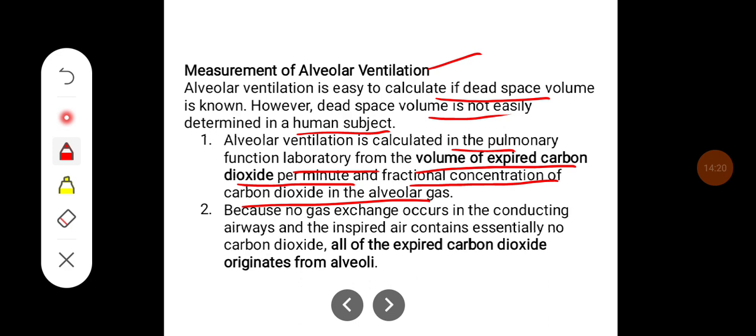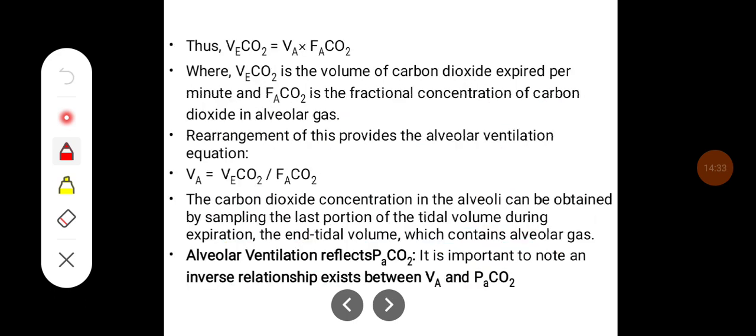Because no gas exchange occurs in the conducting airways and the inspired air contains essentially no carbon dioxide, all of the expired carbon dioxide originates from the alveoli. So VeCO2 is equal to alveolar ventilation times the concentration of carbon dioxide in the alveoli.